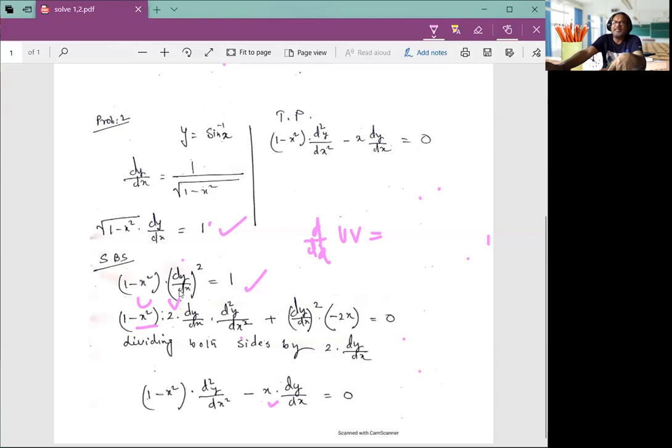Now what is the derivative of this? This is very important. What is the derivative of this dy dx whole square? Now look, this is a very important step. d/dx of something x square, what do we write?